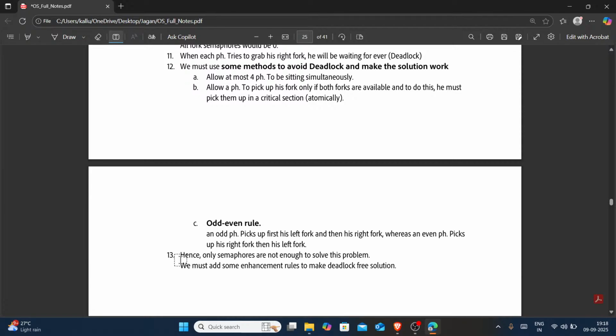Odd even rule. An odd philosopher picks up his left fork and then his right fork, whereas an even philosopher picks up his right fork and then his left fork.